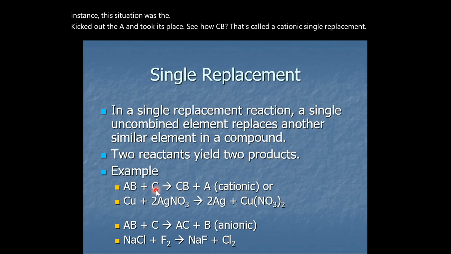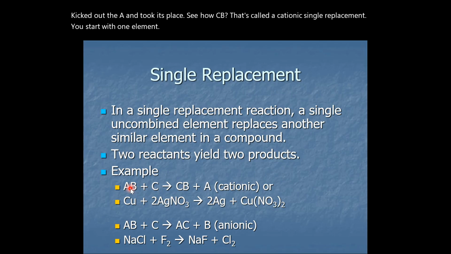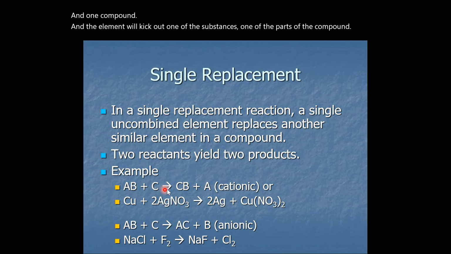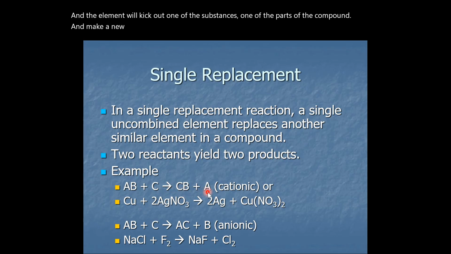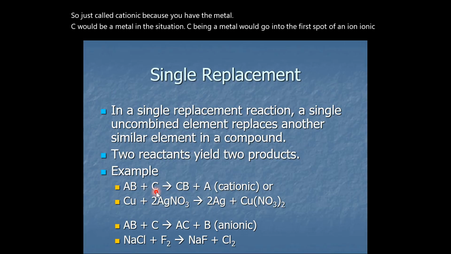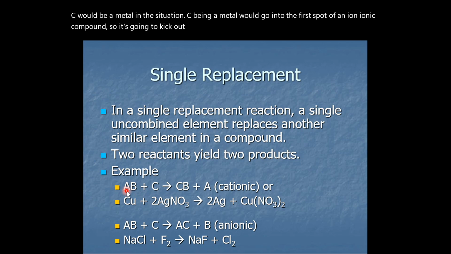You start with one element and one compound, and the element will kick out one part of the compound, making a new compound and a new free element. It's called cationic because C would be a metal, and a metal goes into the first spot of an ionic compound, so it kicks out the A, leaving A by itself.